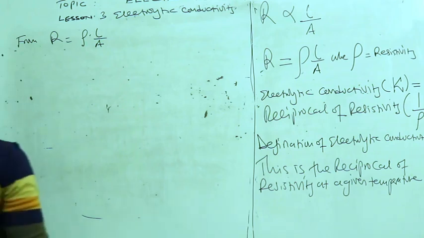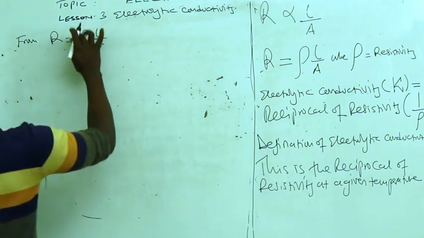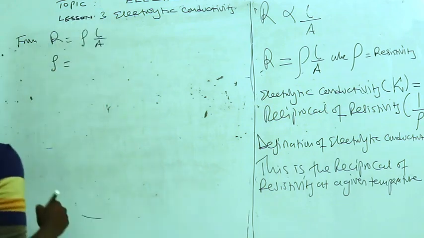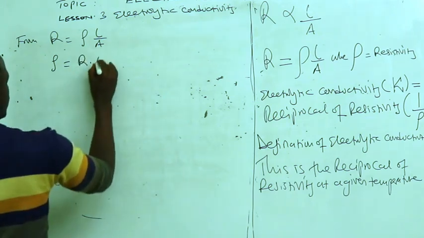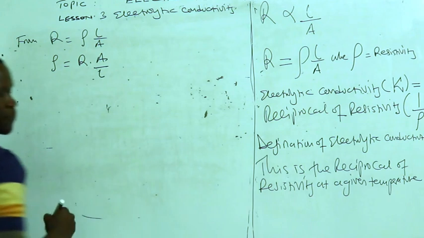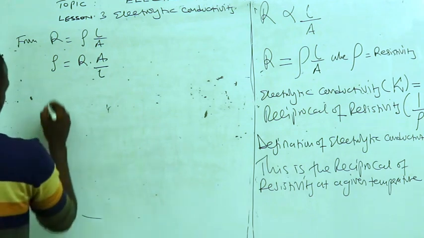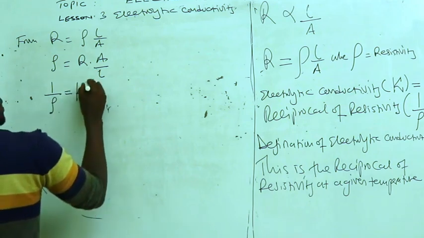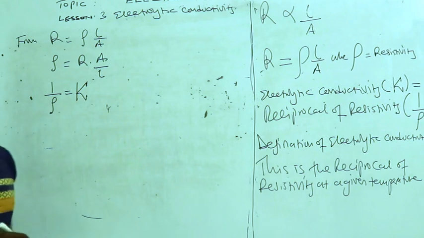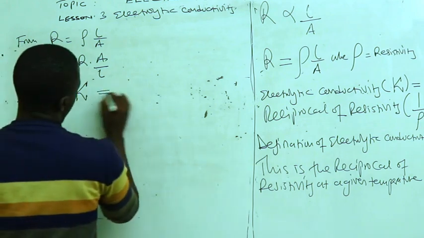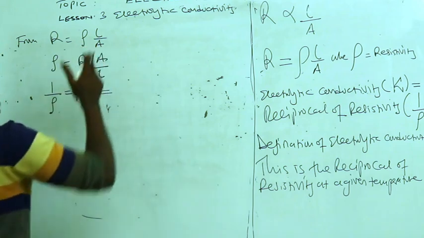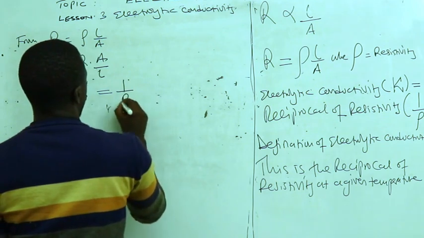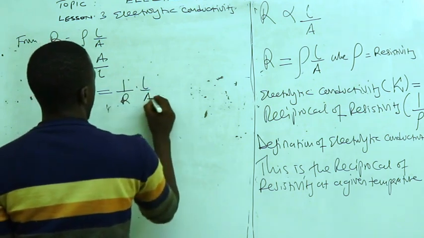First we make resistivity the subject, so resistivity equals R times area over length. Therefore 1 over rho, which we are calling conductivity, represented by letter K, is the inverse of this, equal to 1 over R times length over A.